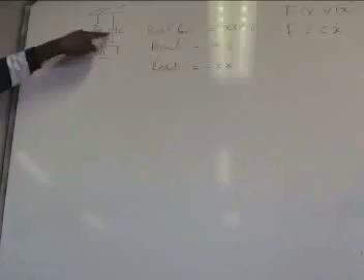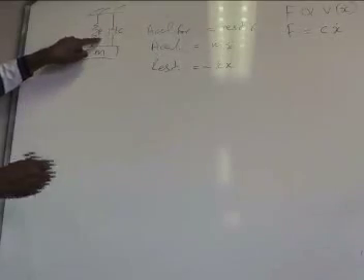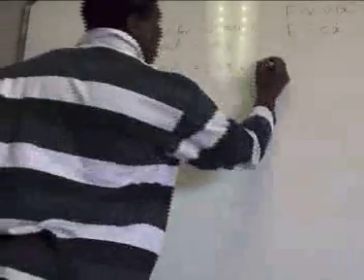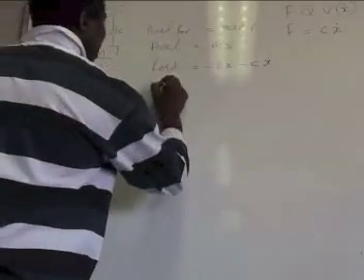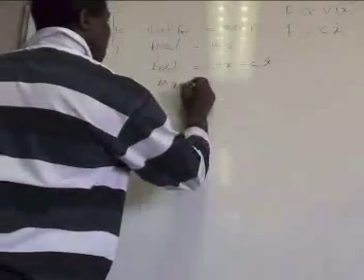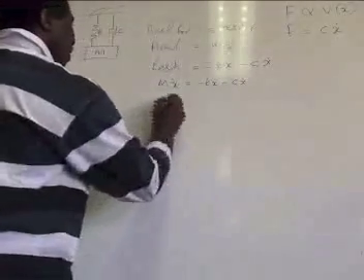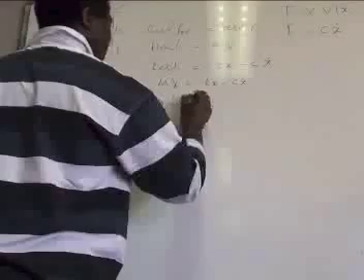Now this thing is acting in the same way as K, which means it also has a minus C. But it's C what? C x dot. Are we together? Yes. Which means our expression then becomes m x double dot is equal to minus Kx minus C x dot.